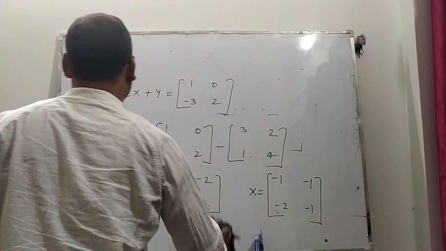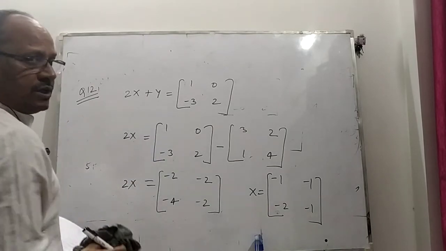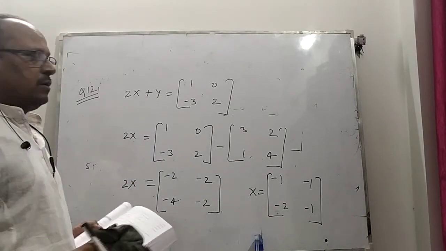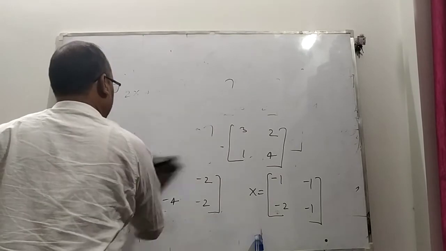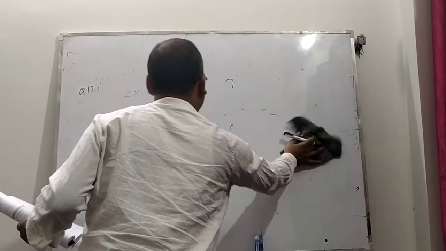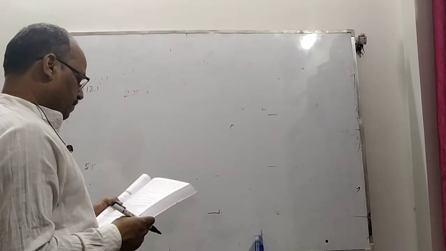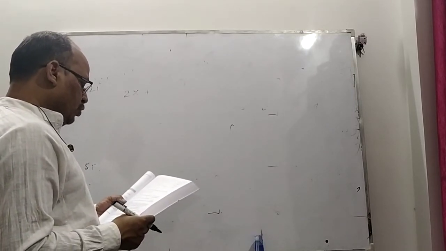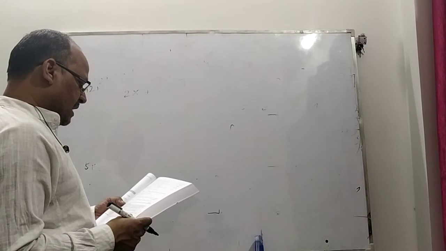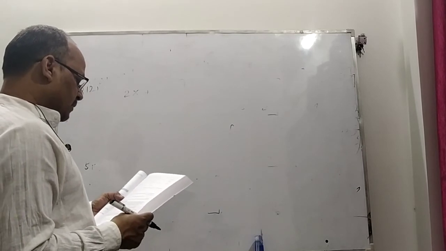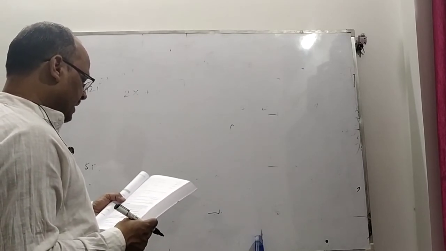Okay. I am going to rub this. I suppose it is clear. In this way, you will try to solve the exercise. I suppose you can solve this, you will not get any problem.